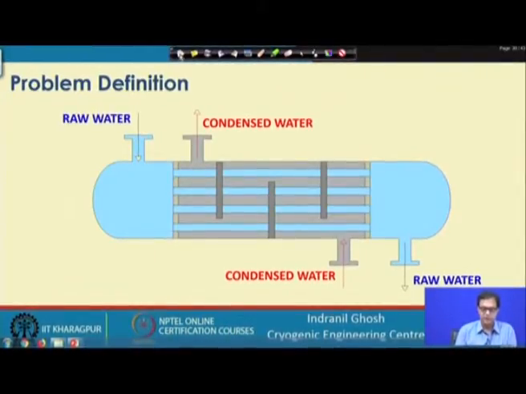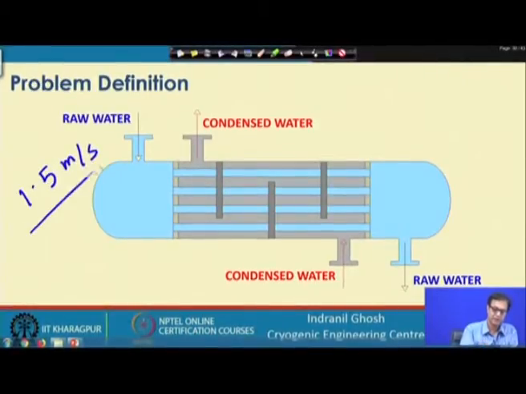It has been said that it should be a shell and tube, a single shell and single tube pass, not necessarily, but preferred is single tube pass, and coolant velocity is a maximum of 1.5 meter per second, that is the maximum allowable velocity.